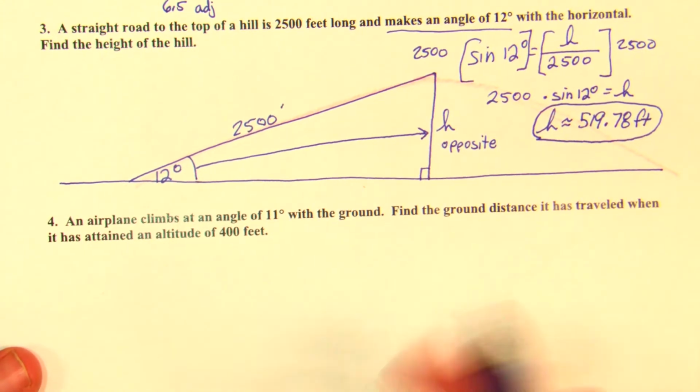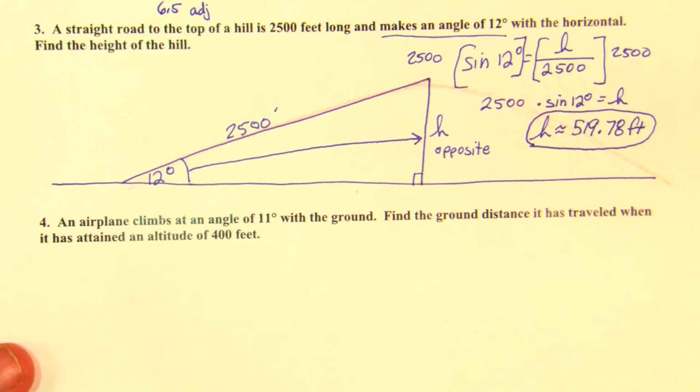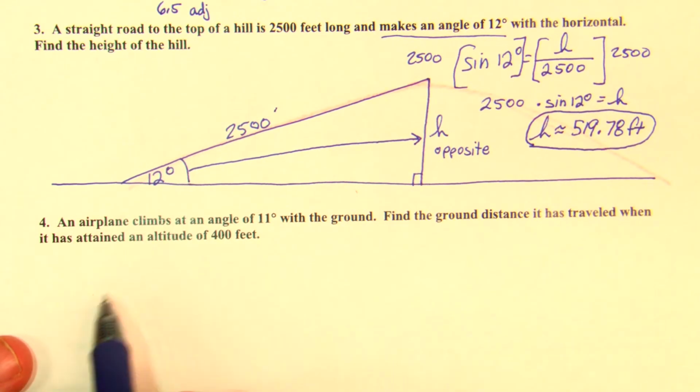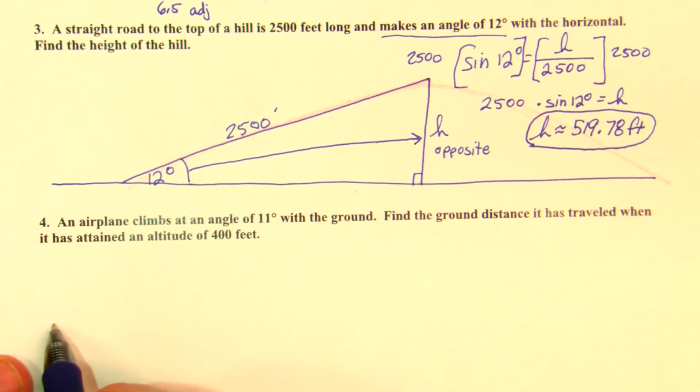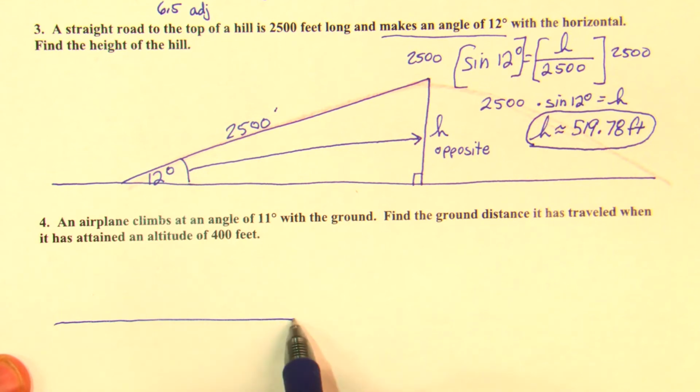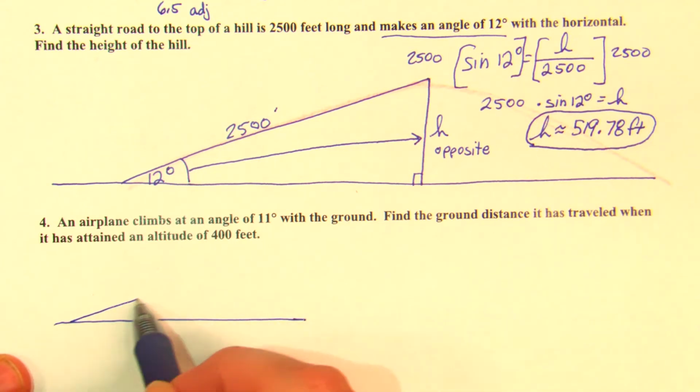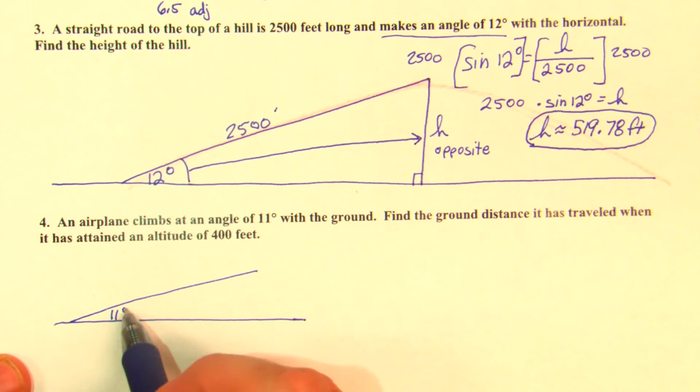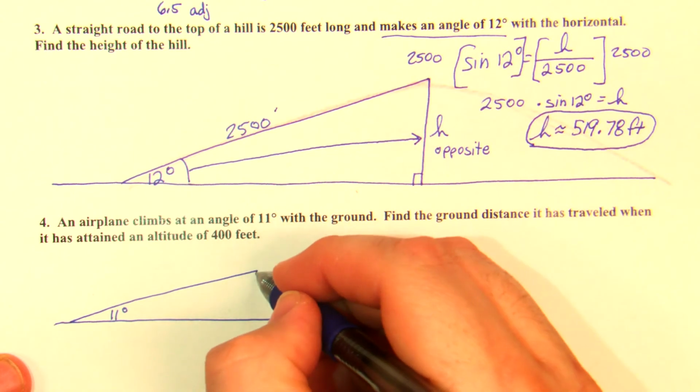Question number 4 says an airplane climbs at an angle of 11 degrees with the ground. Find the ground distance it travels when it attains an altitude of 400 feet. Now, where's the 400 feet going to go for altitude?